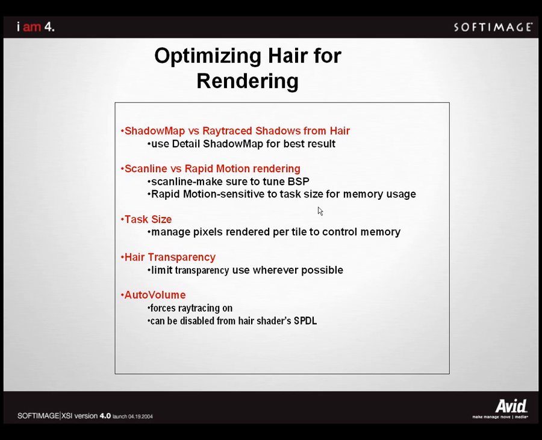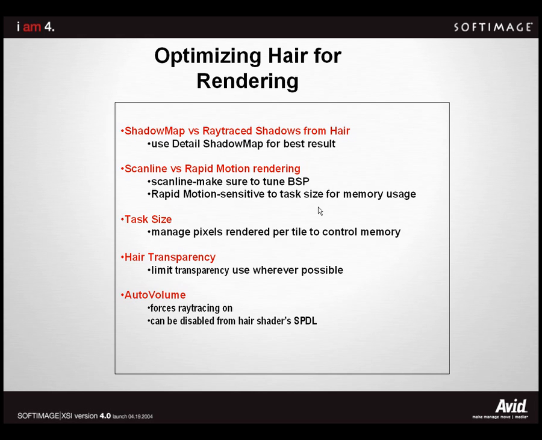As your hair gets thicker, that creates a lot more triangles, and this increases the memory usage quite a bit. So you want to be really careful with memory settings when using rapid motion. You do see a bit of performance increase over the Scanline method, but again, you need to tune the scene to make sure you don't blow the memory.